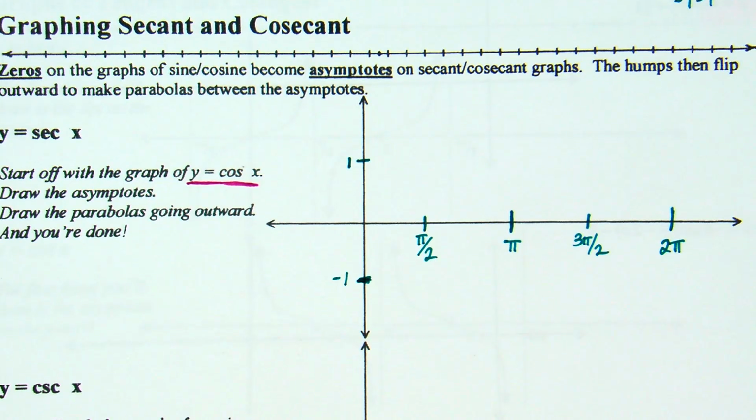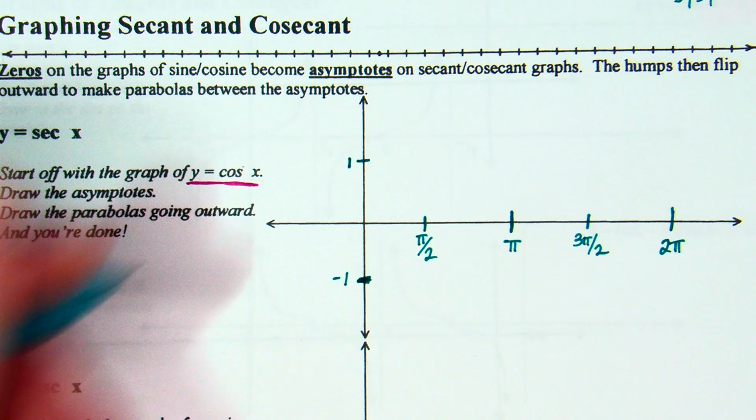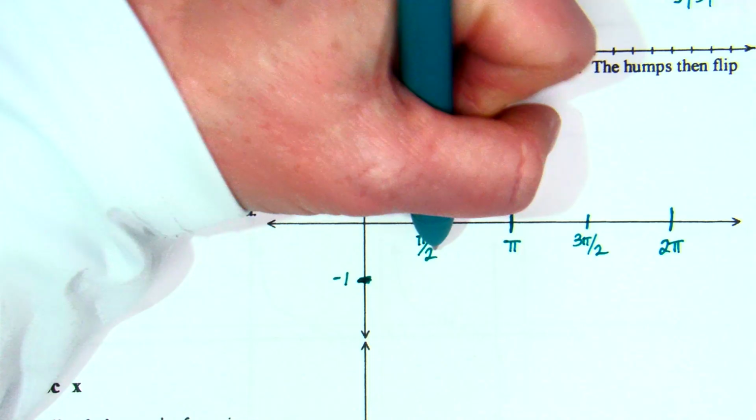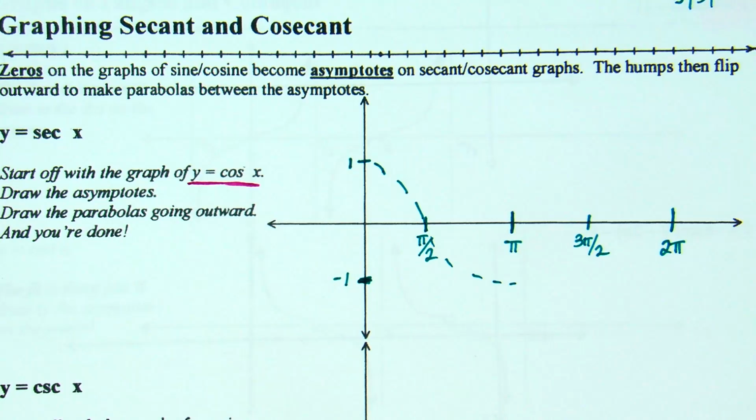Let's sketch in, like a dotted line type thing, a cosine graph. Where does cosine start? At the top, right? It starts with a max. And then what? It crosses through, which is a 0. And then there's a minimum under pi.